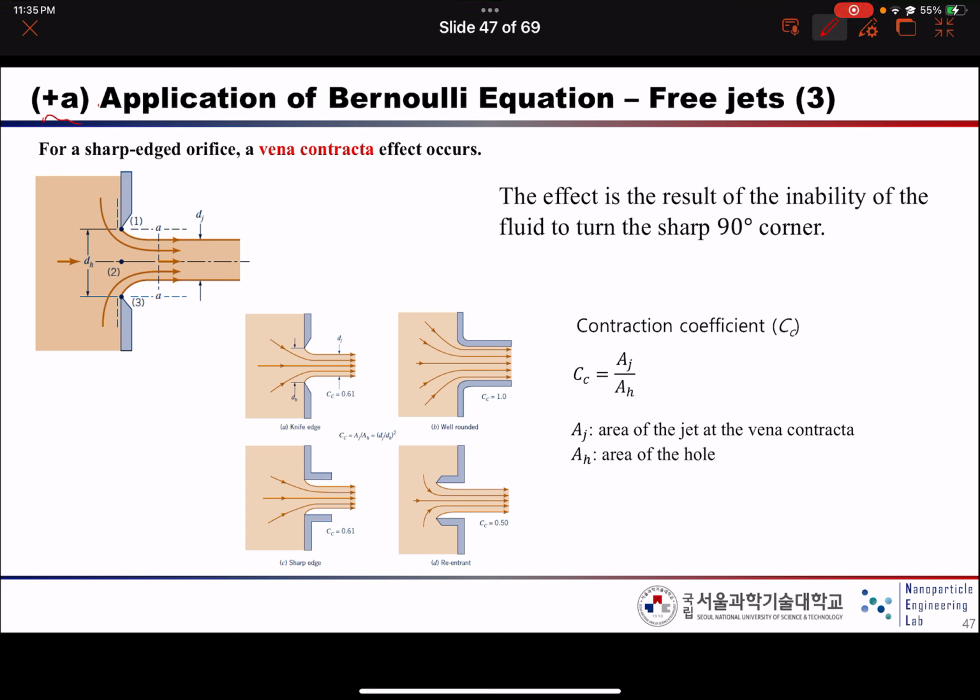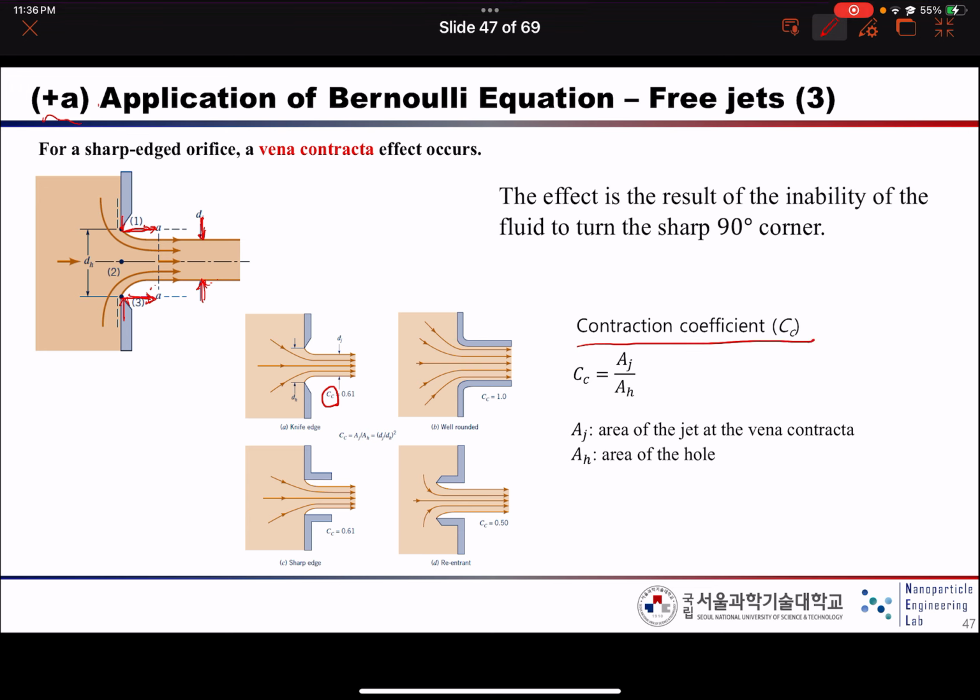So practically, at this point we cannot make the streamline like this. The actual fluid jet diameter is different from the hole diameter. This is called the CC over here, which we call the contraction coefficient.